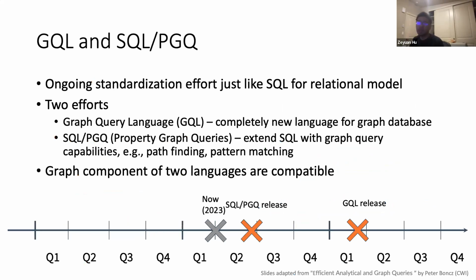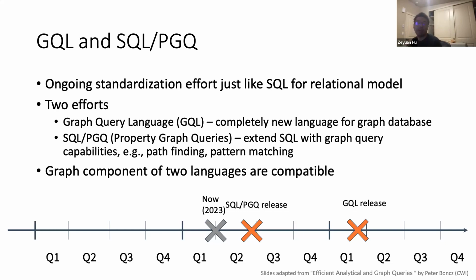Just a little bit about standardization. There's an ongoing standardization effort, just like SQL for the relational model. We want to create a unified language for the graph model. There are really two efforts. One is called Graph Query Language, GQL for short, which is a completely new language for graph databases. And there's another effort called SQL/PGQ, where PGQ stands for property graph queries, which extends SQL with graph query capabilities, for instance, path finding and pattern matching.